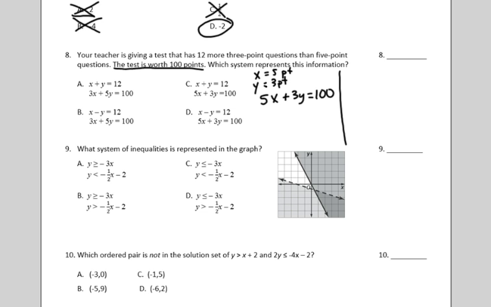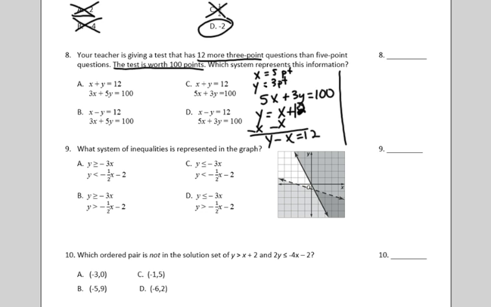So then my first equation would be 12 more 3-point questions than 5-point questions. So y equals x plus 12, because there's 12 more questions than it. So I could subtract x on both sides, and I would get y minus x equals 12.